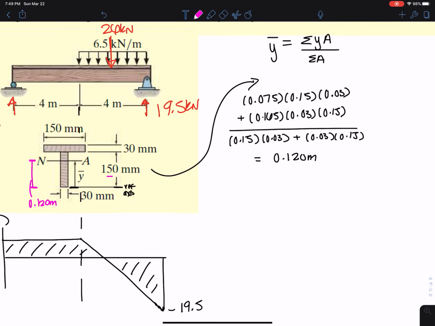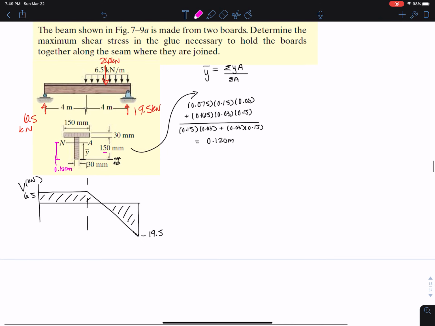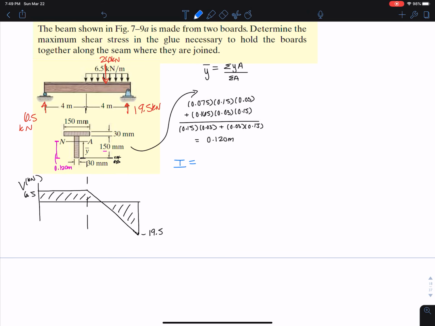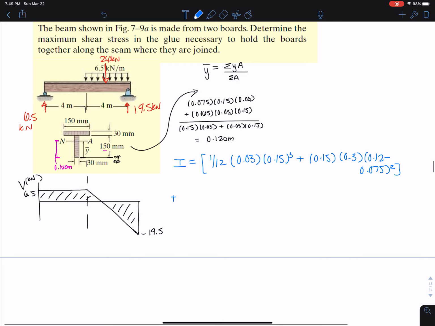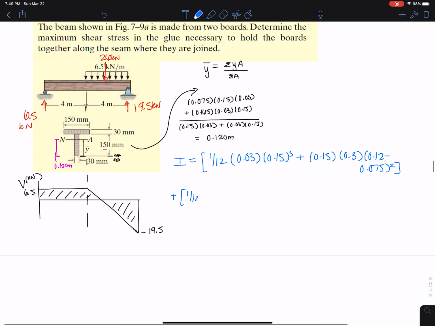Now that we've calculated the location of the neutral axis, we can calculate our moment of inertia. We know that I, our moment of inertia, is going to be 1 over 12 times b, which is 0.03, times h cubed, plus, using the parallel axis theorem, 0.3 times (0.12 minus 0.075) squared. We've done this a couple of times now, so you should be able to calculate these on your own.